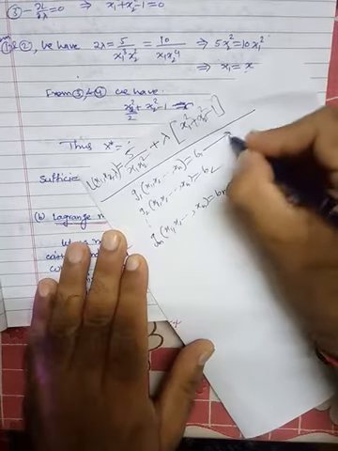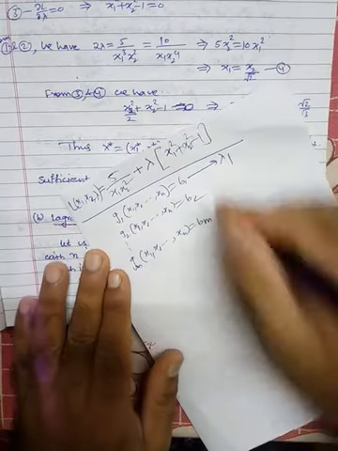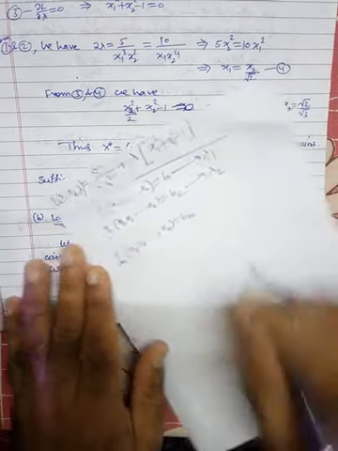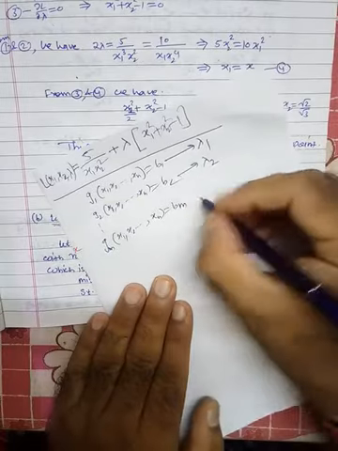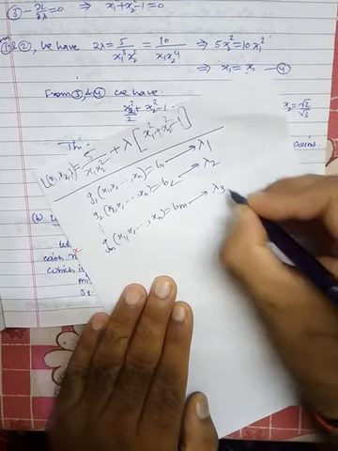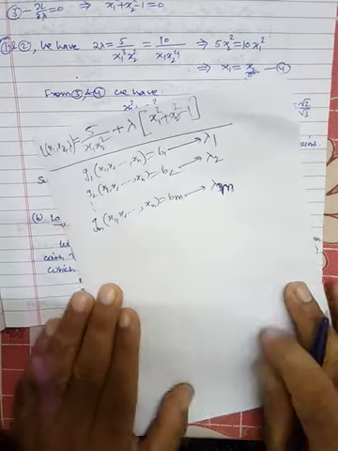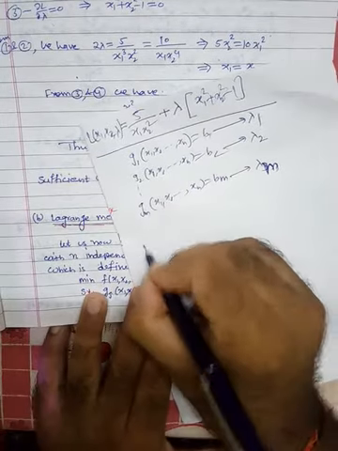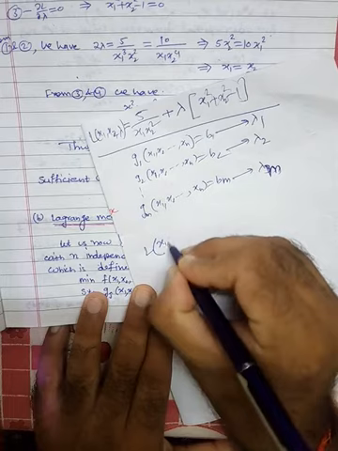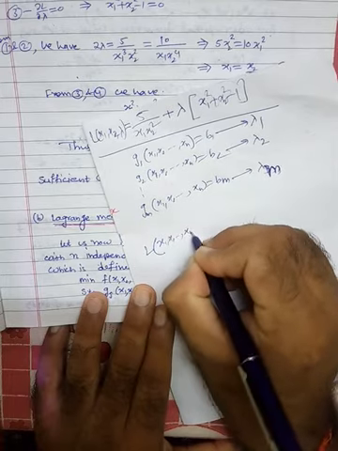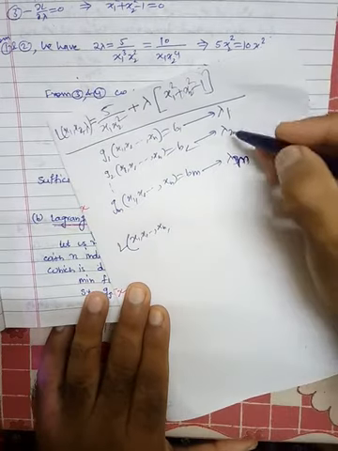Now associated with this we have a Lagrange multiplier lambda 1. Associated with this too we have Lagrange multiplier lambda 2. Associated with this we are having lambda m. Fine. So now write down the Lagrange function. Lagrange function is L x1 x2 xn. How many lambda? Lambda 1 lambda 2 lambda m.